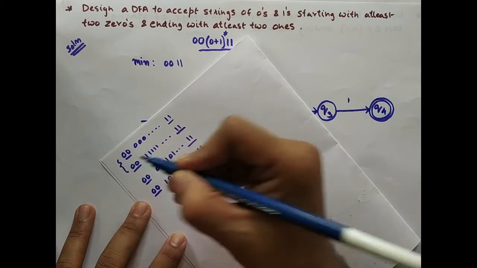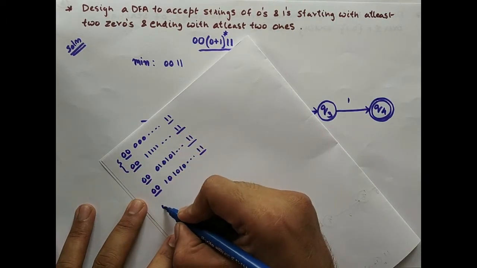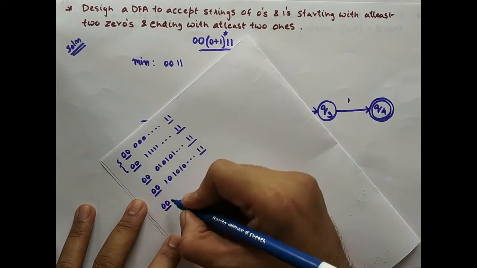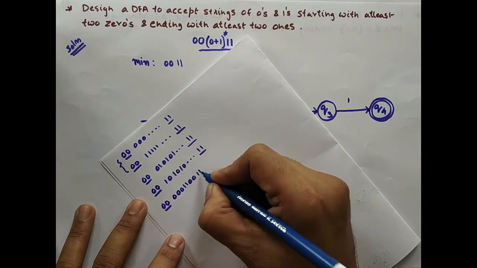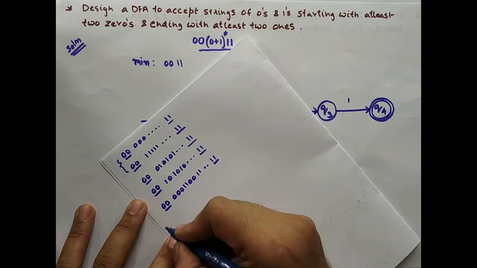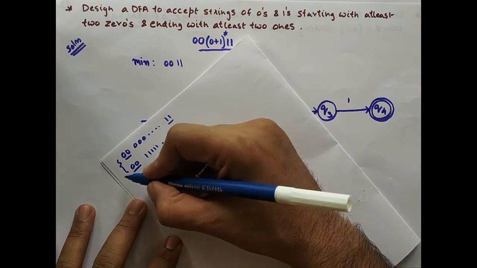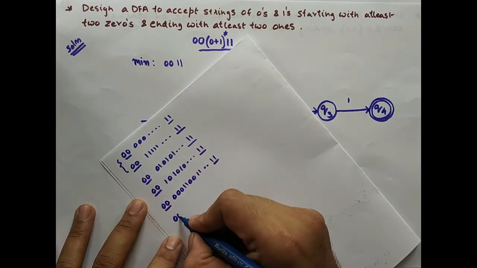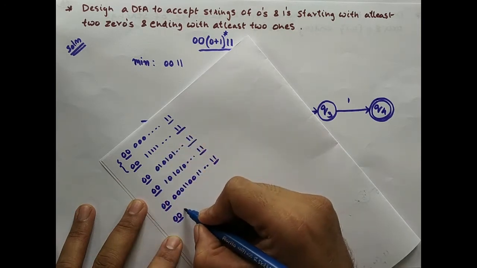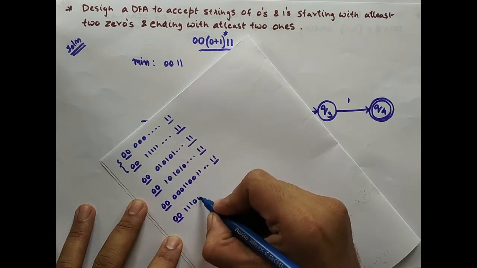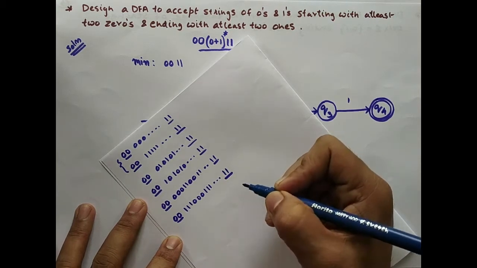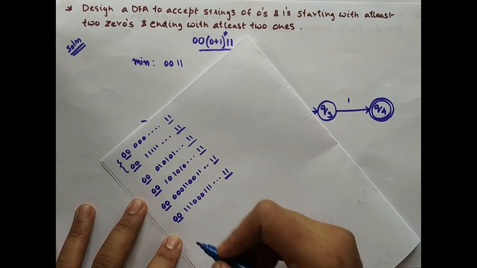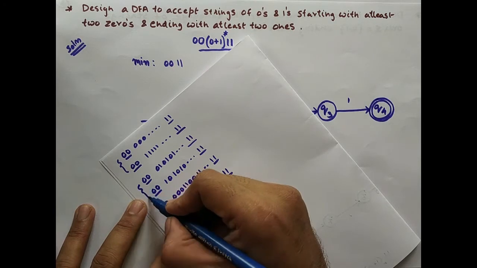Then we'll take these two combinations. So first two zeros are there, then some zeros, some ones, some zeros, some ones and so on, ending with 1, 1. Then we'll take the reverse of this. First two zeros will be there. Then some ones, then some zeros, then some ones and so on, ending with 1, 1. Now we'll take the combination of these two.